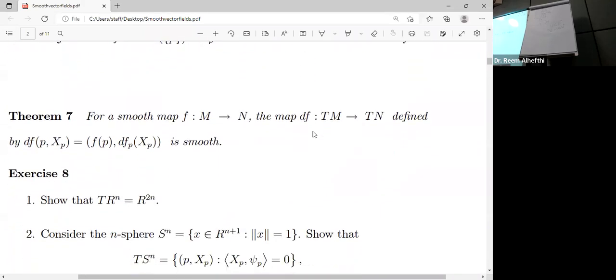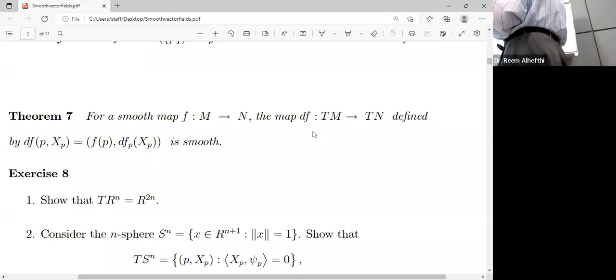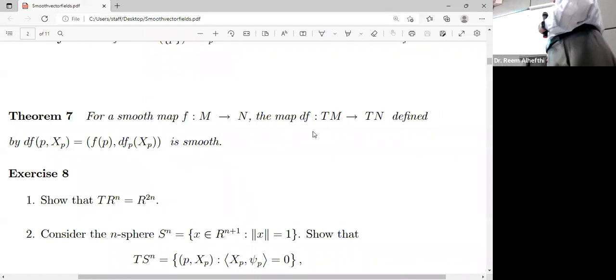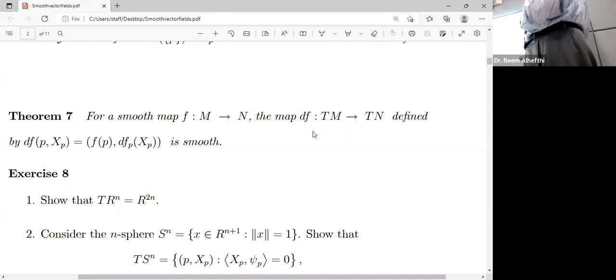Next, if you have two manifolds and there is a smooth map f, this smooth map induces a smooth map on the tangent bundle level. This is denoted by df.